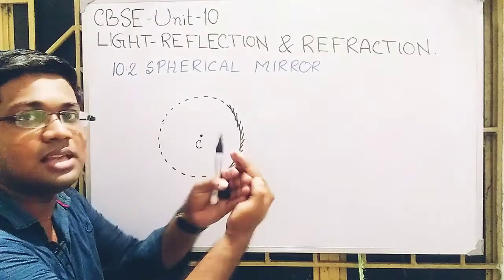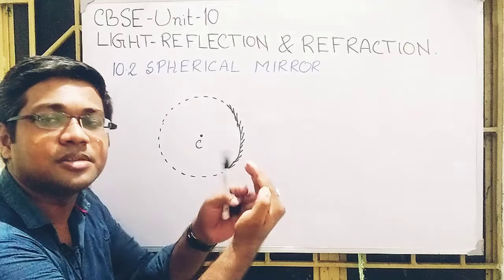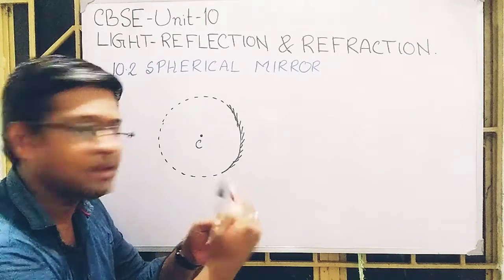So we can say this is the concave mirror. It is also part of a sphere.